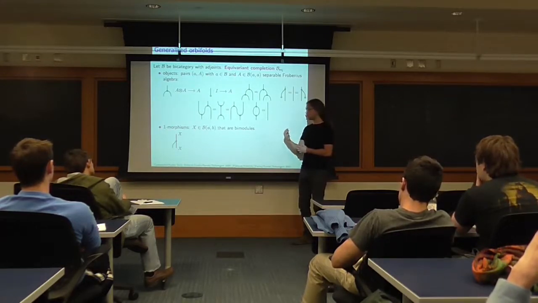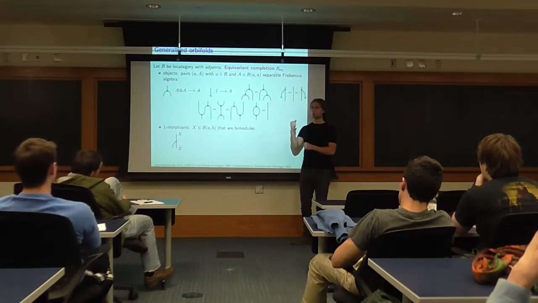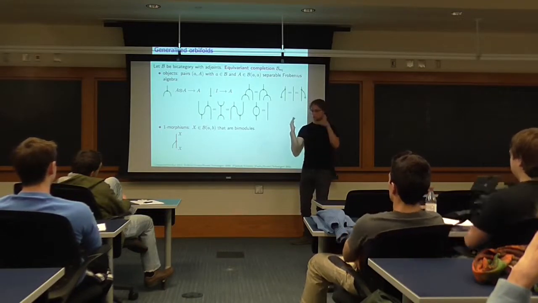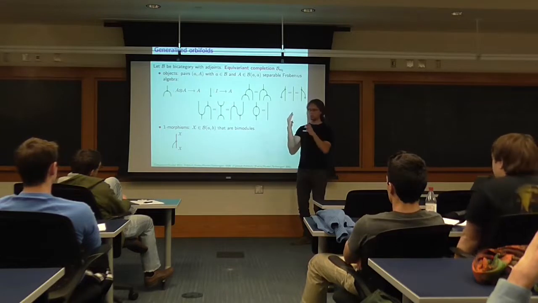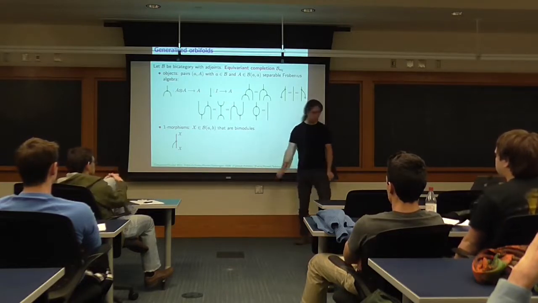Okay. Now if in my new bicategory, the objects are basically given by algebras, then a natural guess for the 1-morphisms would be bimodules. So given an algebra, I can have two modules to the left and to the right, and this is precisely what we have here.